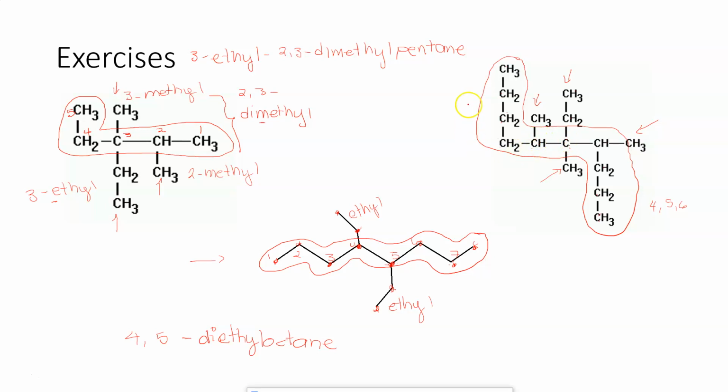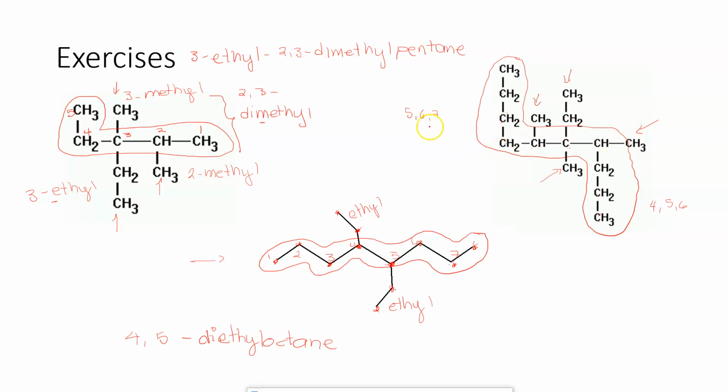Now let's say I'm going to start from this one. So this is 1, 2, 3, 4, 5. So the first substituent is in position 5. These are in position 6. This one here is in position 7, right?